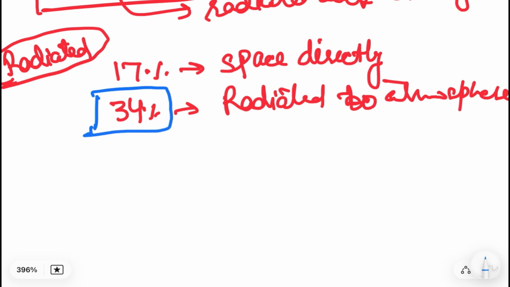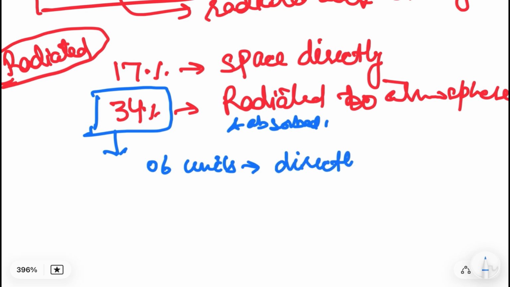Out of these 34 units of terrestrial radiation absorbed by the atmosphere, 6 units will be absorbed directly, 9% is absorbed through convection and turbulence, and 19% is absorbed through the latent heat of condensation.